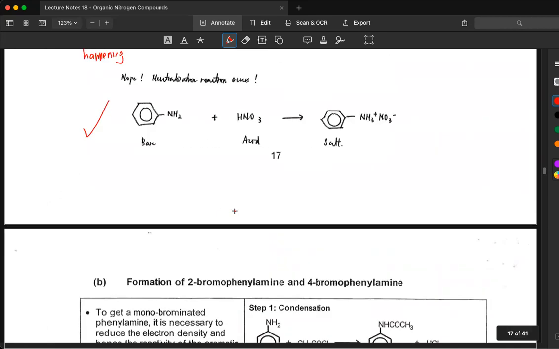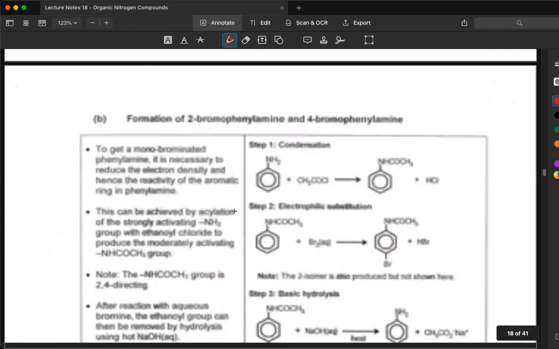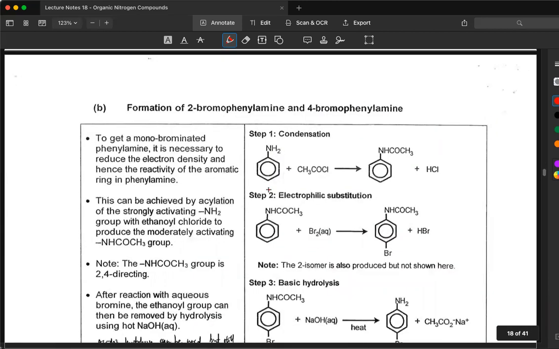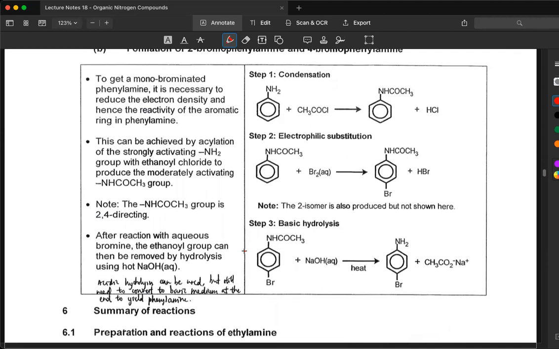If you don't do that, then you get 2,4,6. But if you just want one of it to be substituted, you must have acylation first, to convert this first. So this is hydrolysis. You can actually cut to form back this.